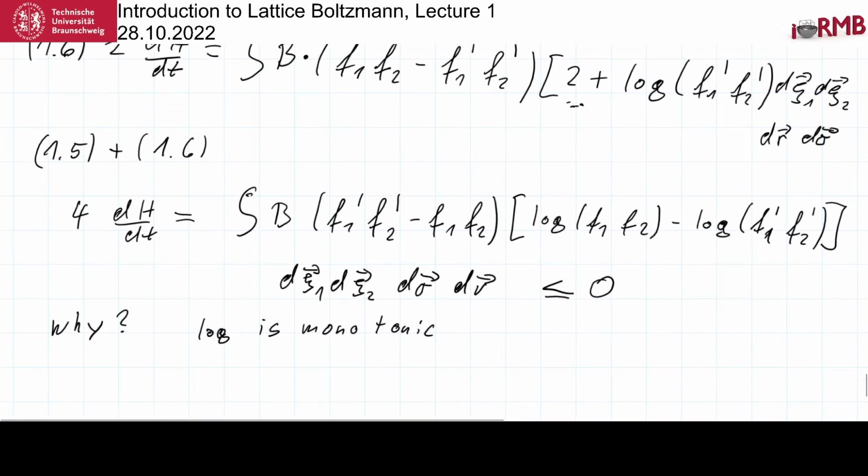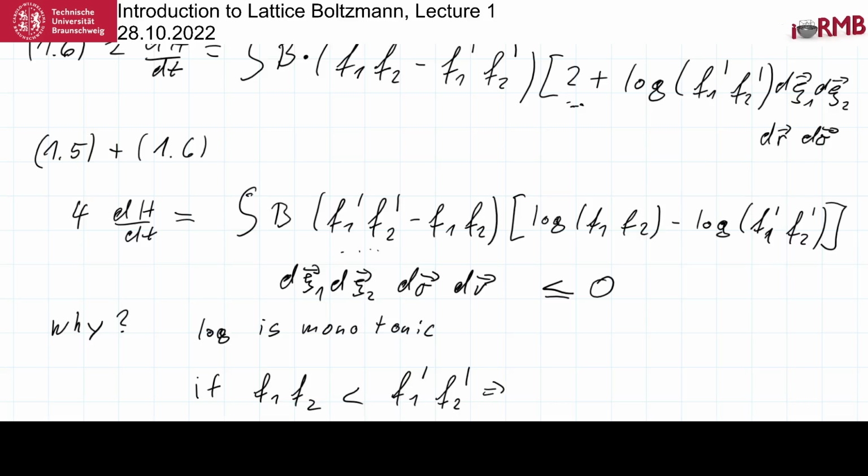The logarithm is monotonic. So this means that if f1, f2 would be larger than f1 dash, f2 dash, or smaller, if this is the case, then this bracket here would be negative, right?